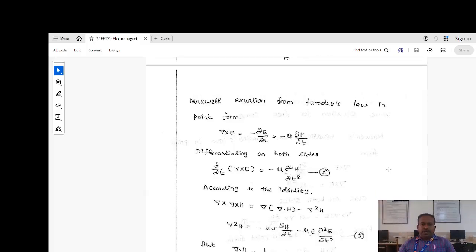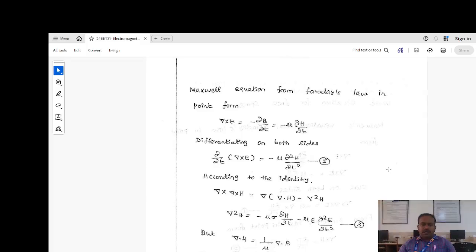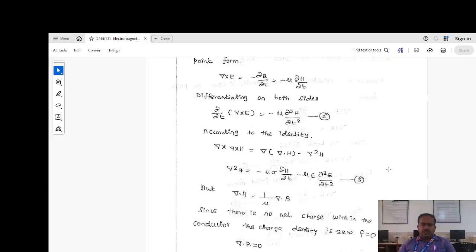According to the identity, del cross del cross H equal to del into del dot H minus del squared H. So from this equation, del squared H equal to minus mu sigma dou H by dou T minus mu epsilon dou squared H by dou T squared, equation number 3.